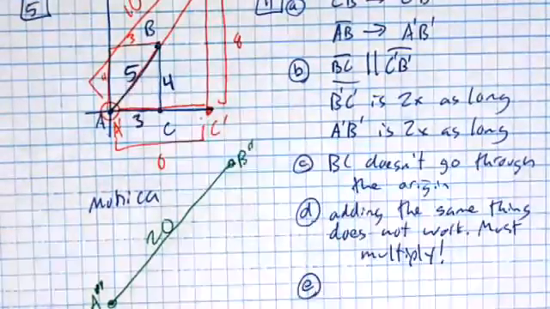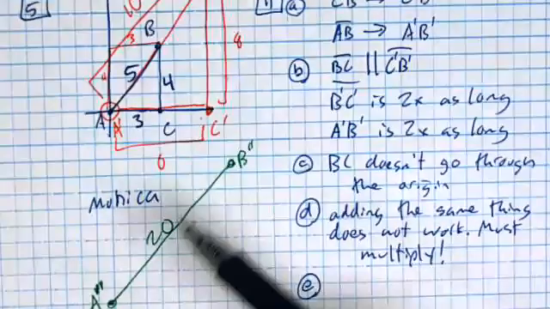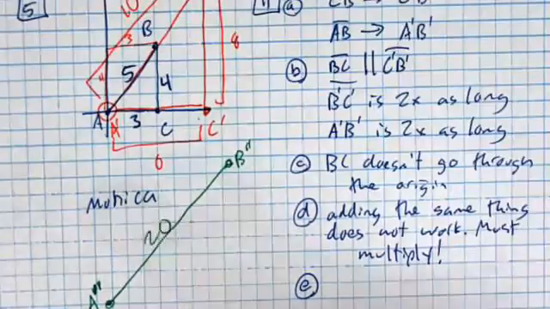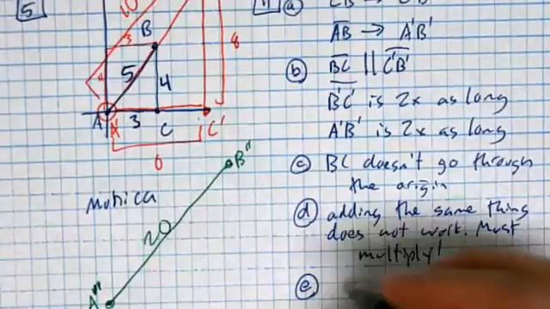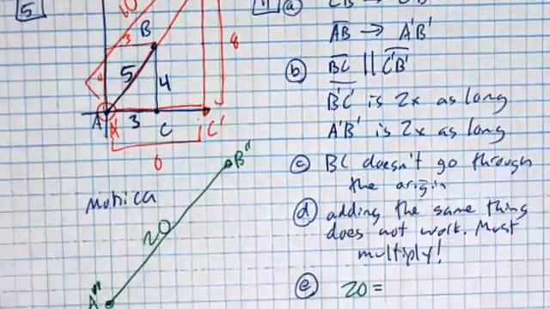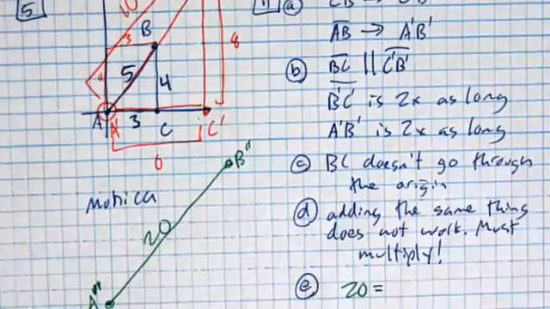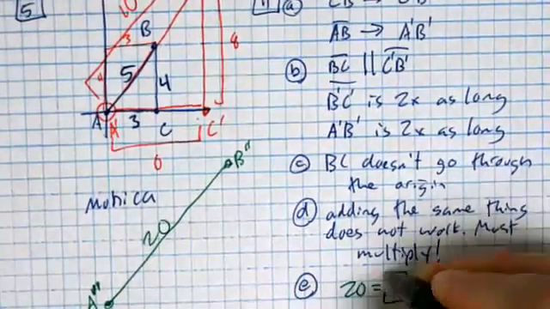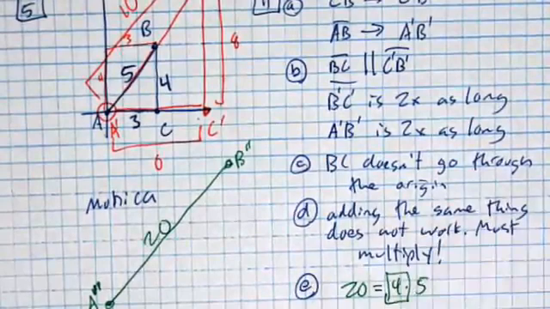The question is, how many times larger is her side than the original side? 20 is how many times larger than 5? 4, right? They're saying that 20 is 4 times larger than 5. So 4 is kind of our multiplier.